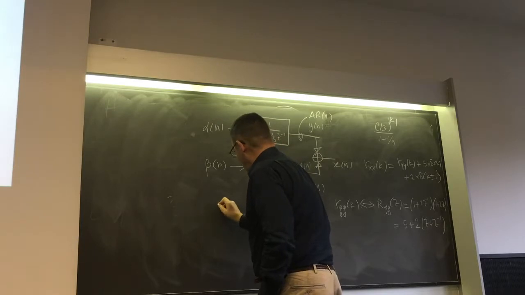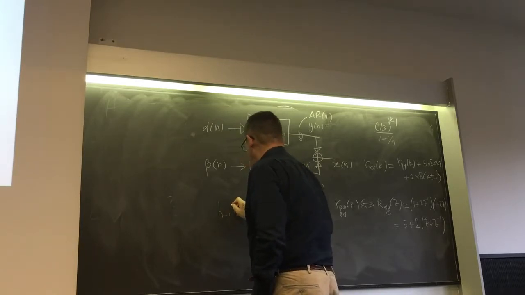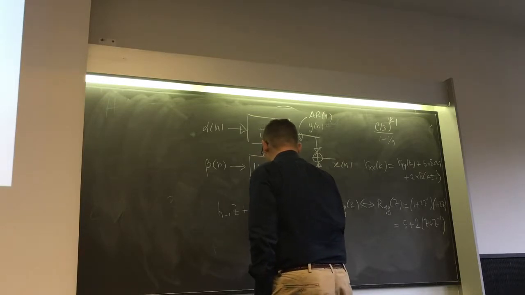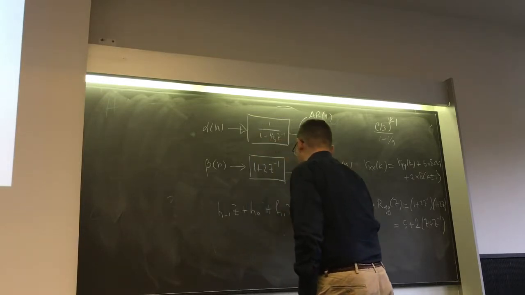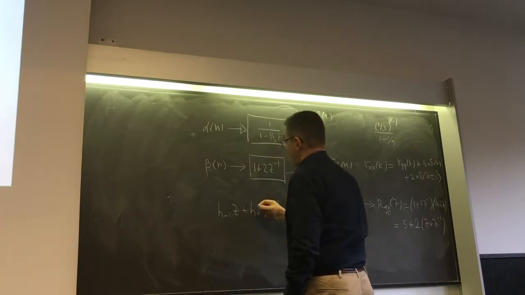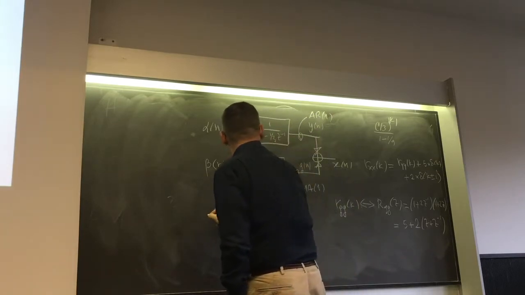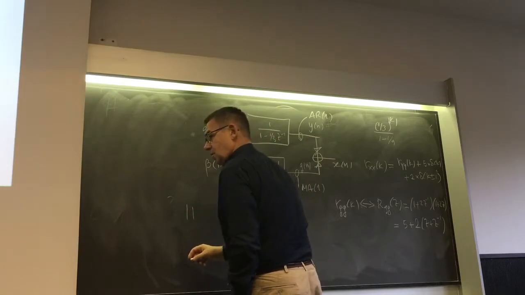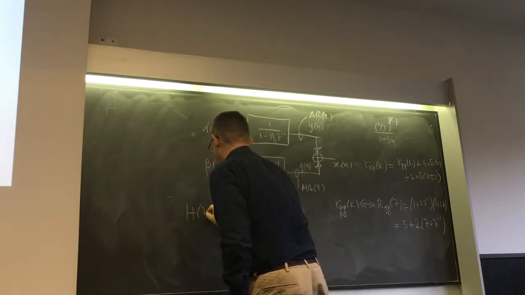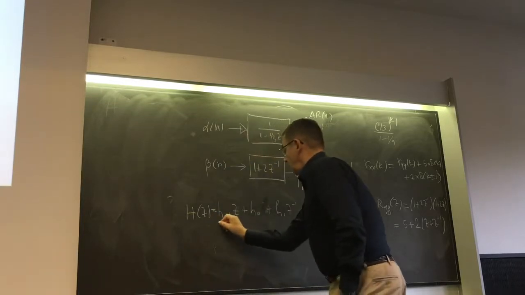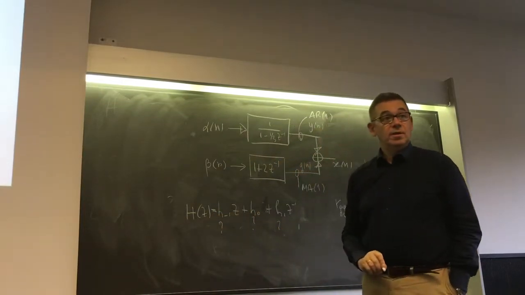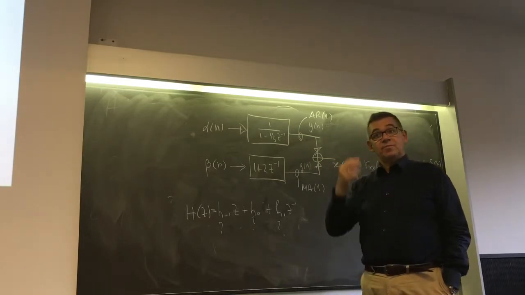So the 3 coefficients are h minus 1 z plus h0 plus h1 z to the minus 1. That's my estimator. Let me say this estimator is h. So h is unknown. We don't know that estimator.